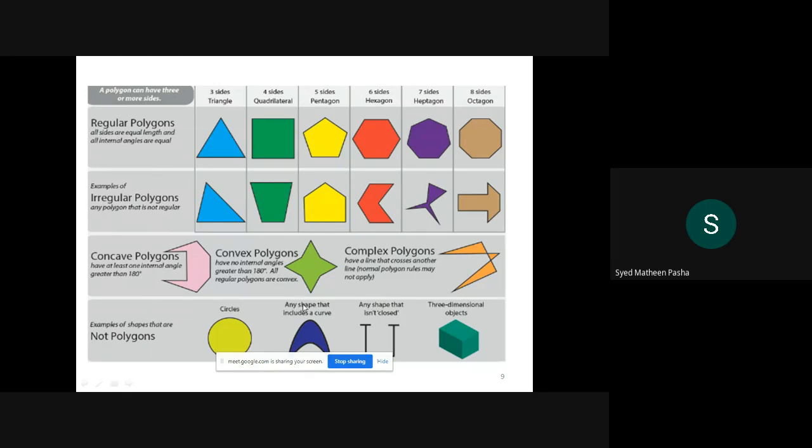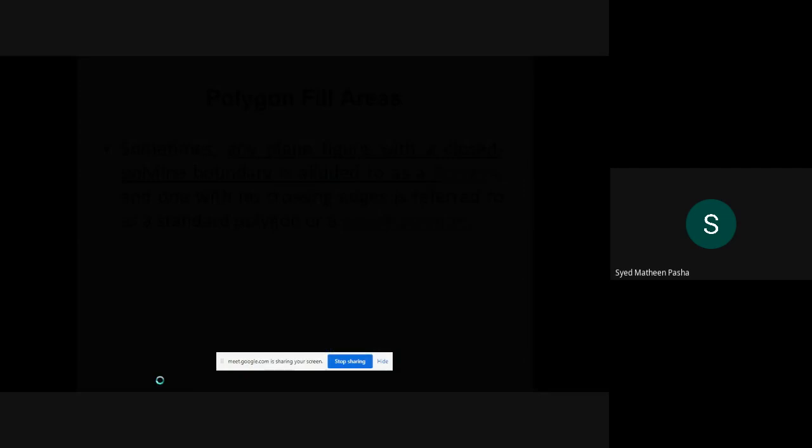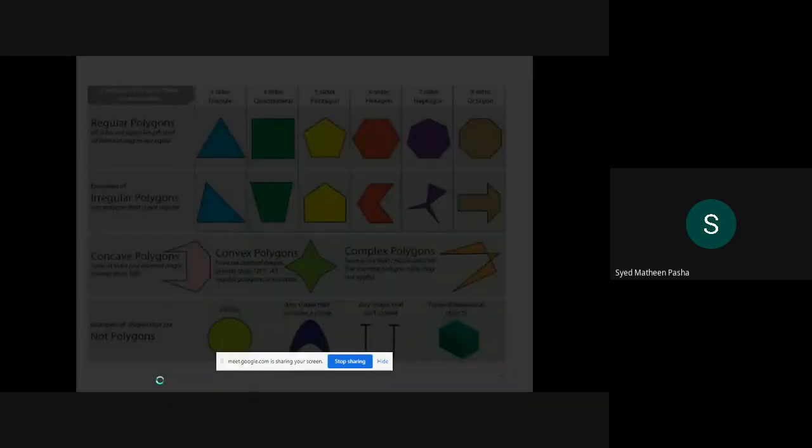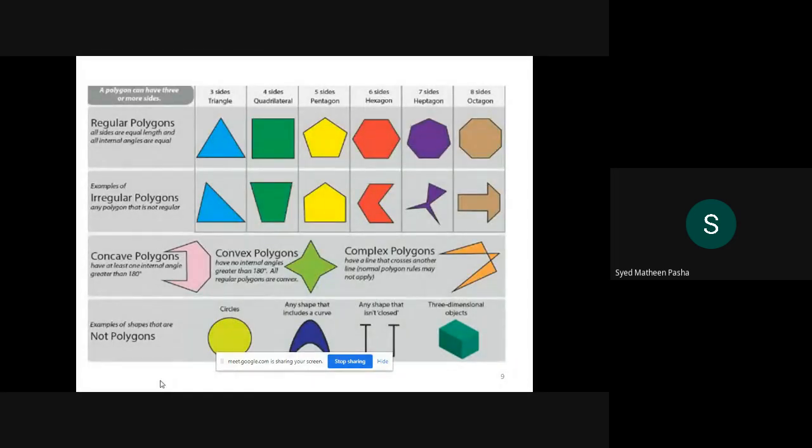So this chart basically tells the types of polygons: regular, irregular, three different polygons, and not a polygon as well. The previous slide was the simple polygon and examples. This is a types-of-polygons representation chart: regular, irregular, concave, convex, and complex, and then examples of not a polygon.